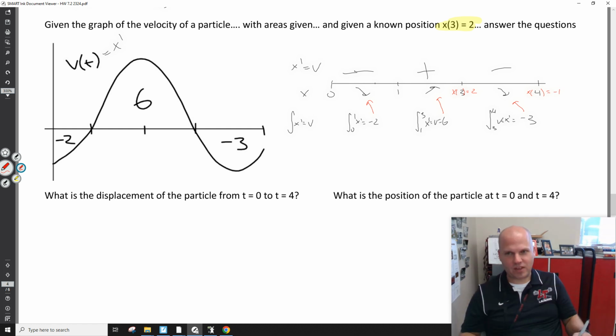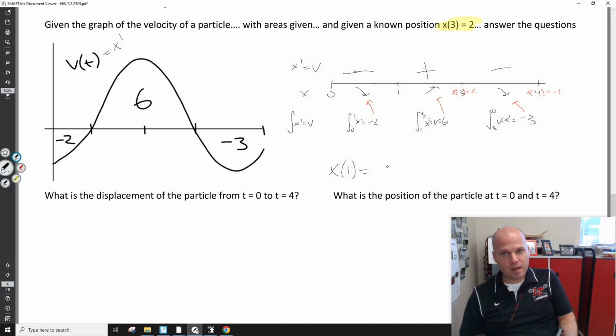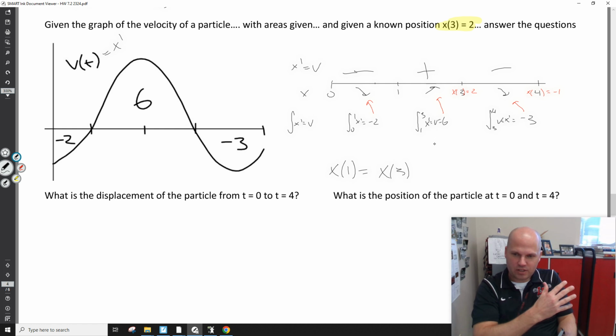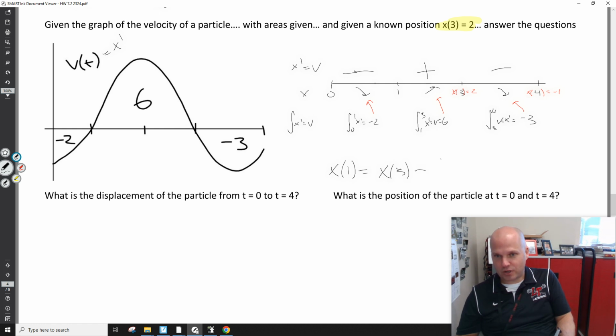Now let's think about this, and here comes the calculation I'm going to do. My position at time 1 equals my position at time 3, but I need to go backwards to figure out where I'm coming from. I will subtract my displacement from 1 to 3. This is very similar to having your position at time 3 equals your position at time 1 plus your displacement, and then solving for x of 1.